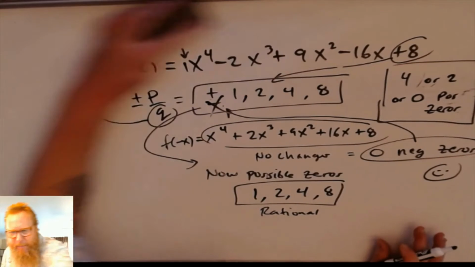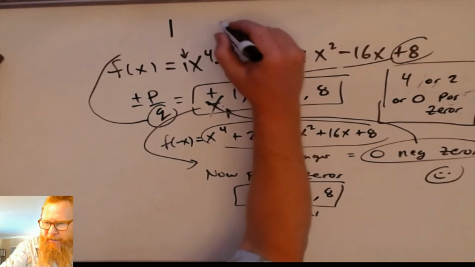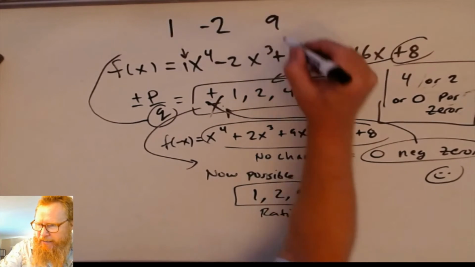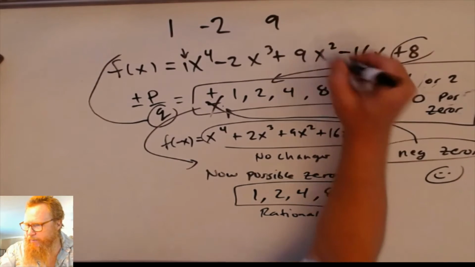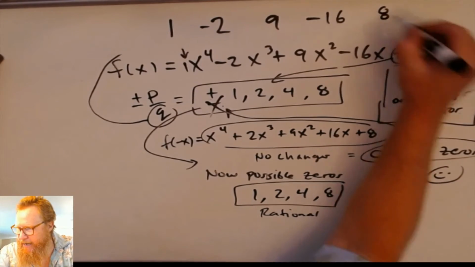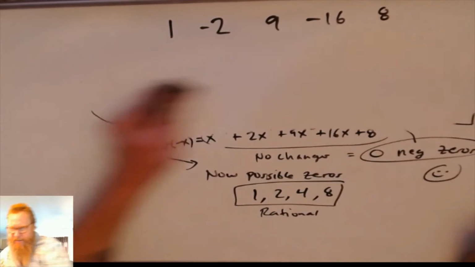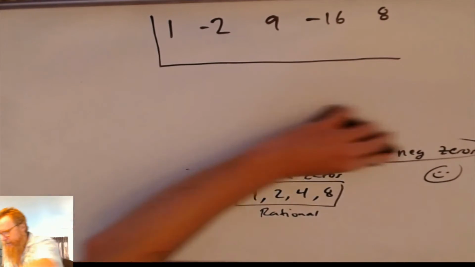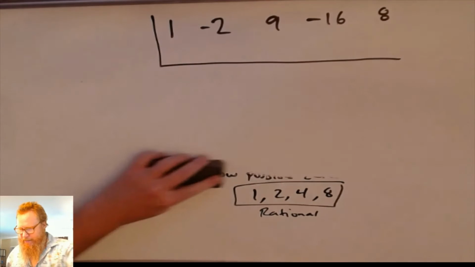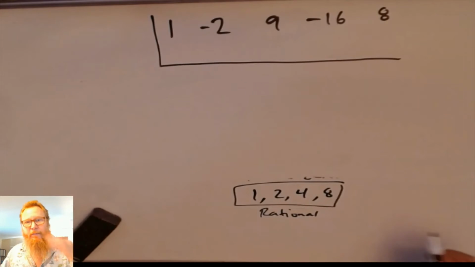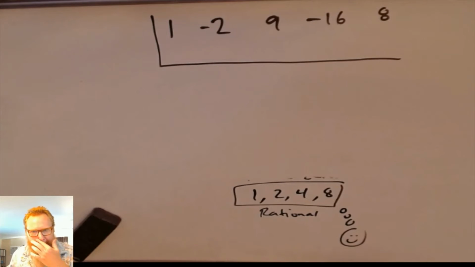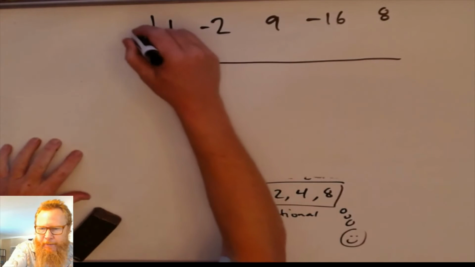Okay, so let's get busy. So we've got 1, -2, 9. Look for missing terms. No missing terms. -16 and 8. And let's start dividing. So here's my possibilities. Let's try 1.